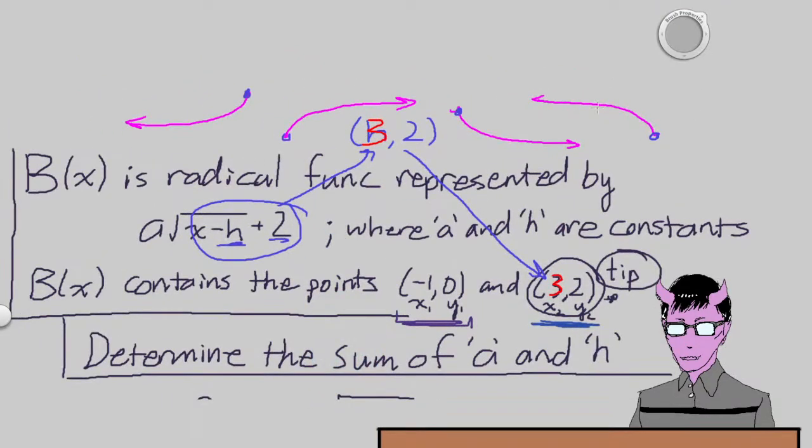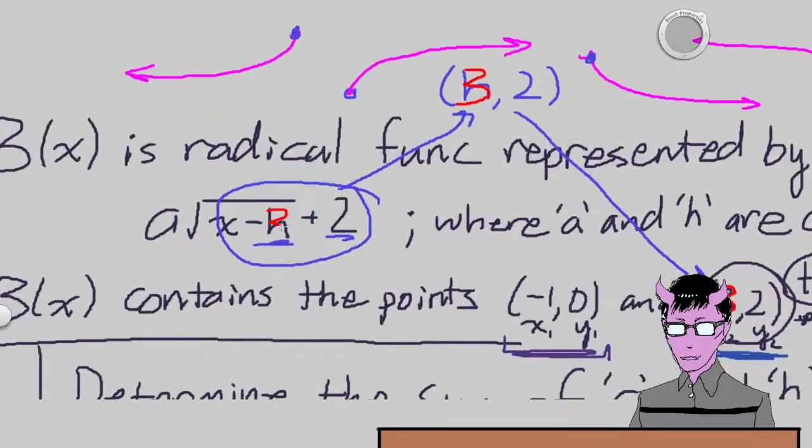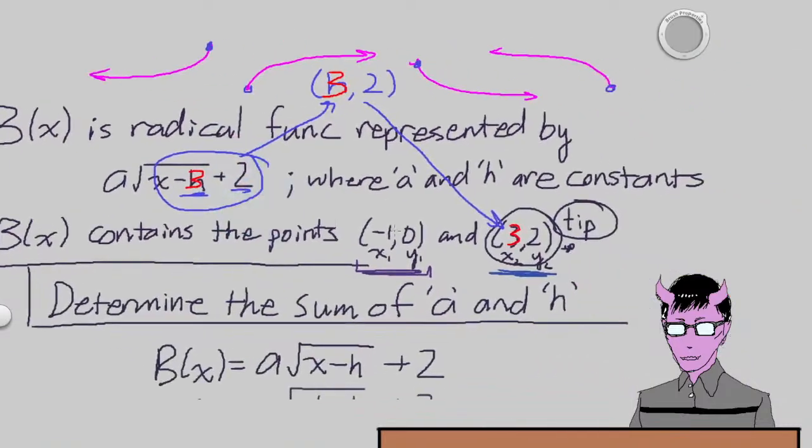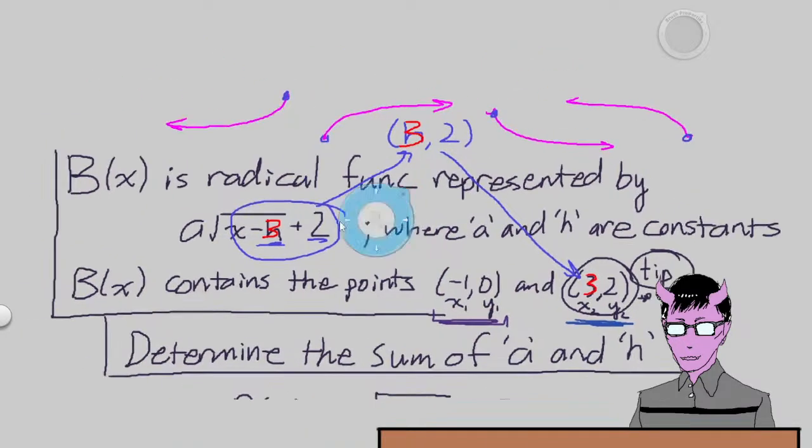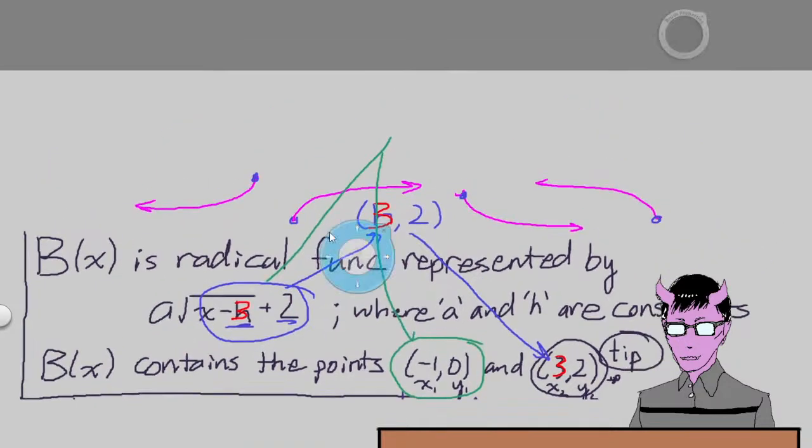But now that we know h is equal to 3, let's just solve for it using this leftover situation right here, right? So we shall combine this information with our work in progress to generate the final equation. So we are going to get, what is it? A times square root of, if x value is negative 1. Let me just color code this.